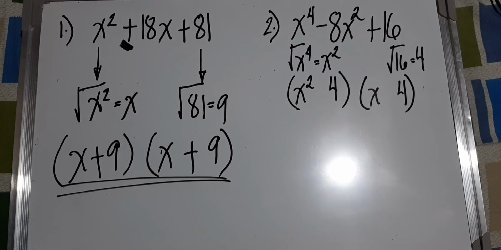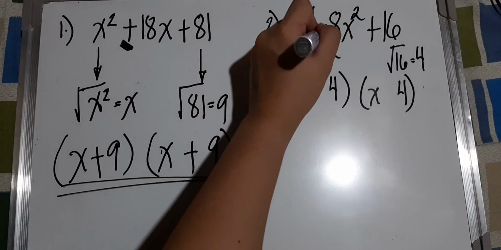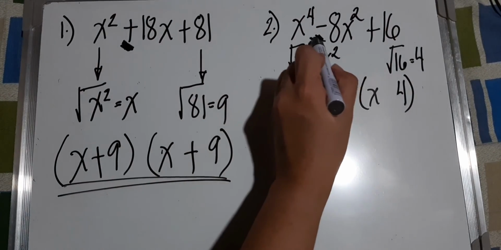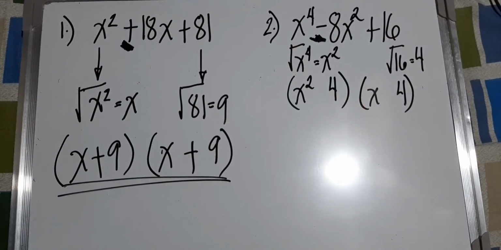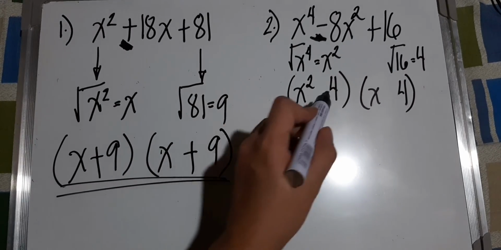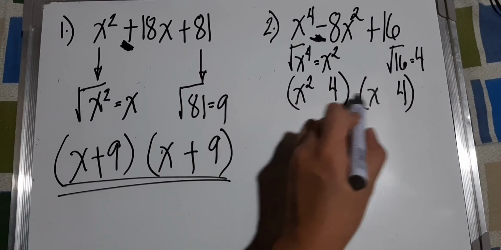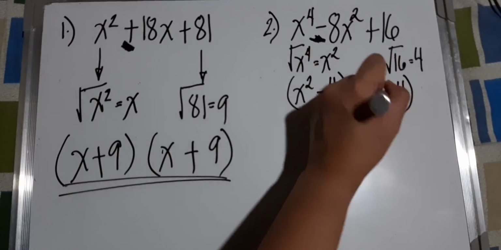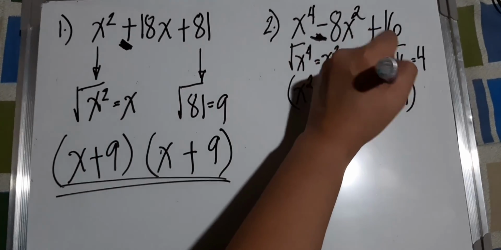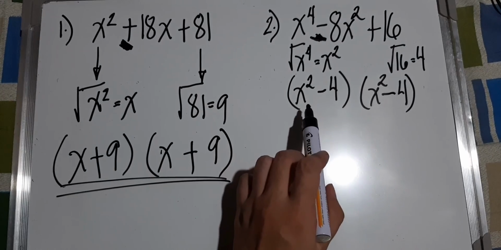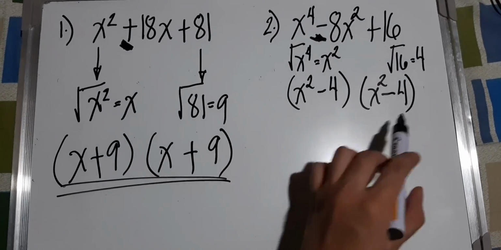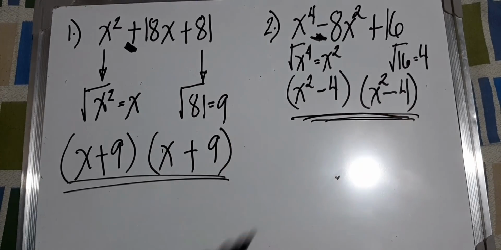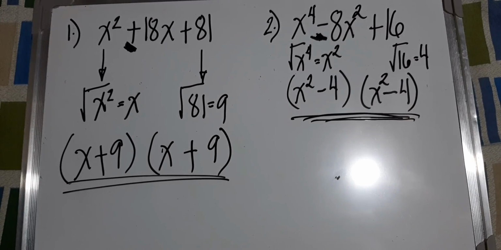Now, this time, etong operation na to ang mag-i-indicate sa atin kung anong operation ang ilalagay natin sa kanilang dalawa. Okay? So since minus yan, minus din to. Oops, nakalimutan ko yung squared. Ayan. So we have x squared minus 4, x squared minus 4. Iyan na yung factor. Okay?